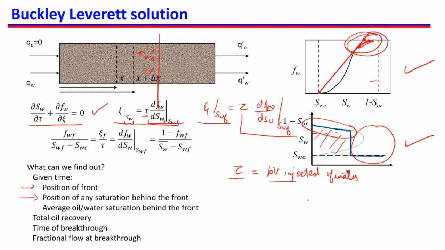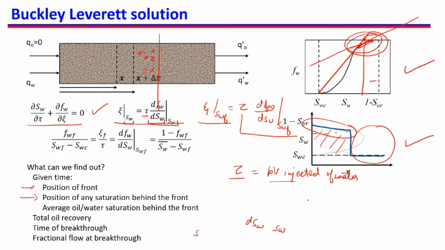How can we do that? We will select the saturation, and for that saturation we will find the slope of the FW versus SW curve at that particular SW. The tau, or the pore volume injected, is given, we will multiply the slope with tau, and that will give us the xi, or the position of that particular SW, which is behind the front.